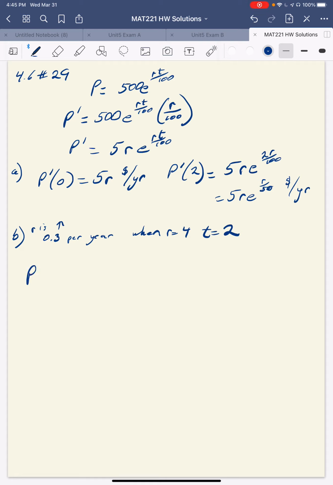So start off, P prime is equal to 500 and then e to the RT over 100. But now when we apply the chain rule to this section right here, since there's two variables in there, we actually have to use the product rule to find the derivative of that.